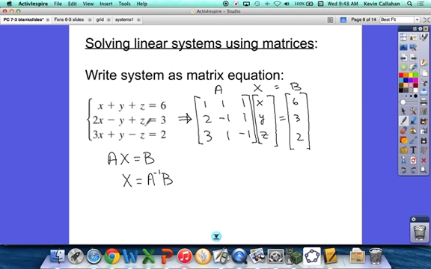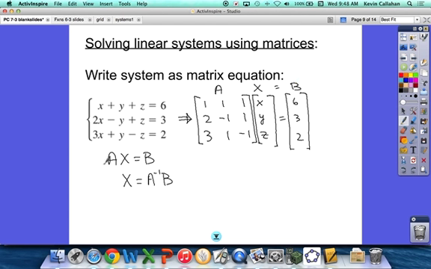That's this right here, because of the way matrix multiplication works. This is the same as this: 3x plus y minus z. So now we've changed this system of equations into a matrix equation, where this first 3 by 3 matrix is A, this is the variable matrix X, and the right-hand side makes up your B matrix.